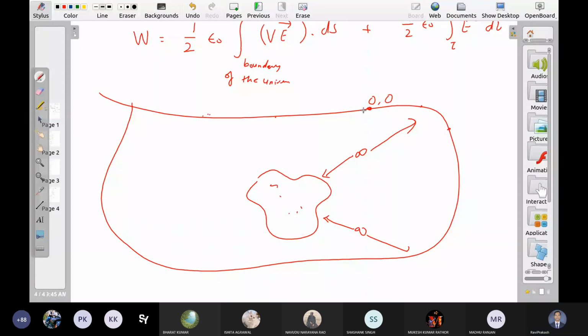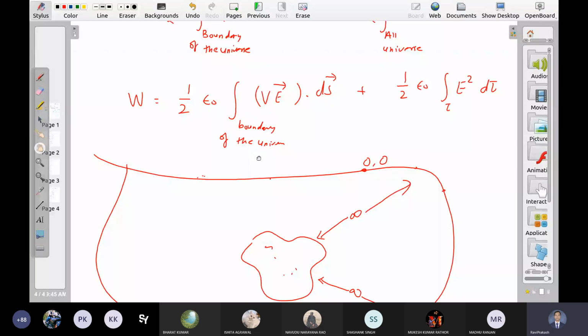Close to 0, yeah. Whatever, if boundary is at infinite distance, these things have 0 contribution there. So if you calculate all these things at this boundary, what is your answer? 0, right? This will give some answer because this is calculated in the volume. You have to calculate this everywhere, in this whole universe, here also, everywhere. So W is simply this.